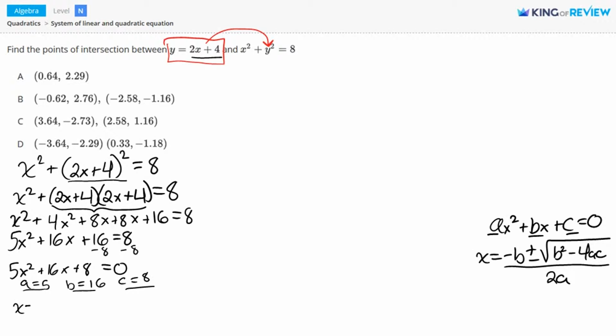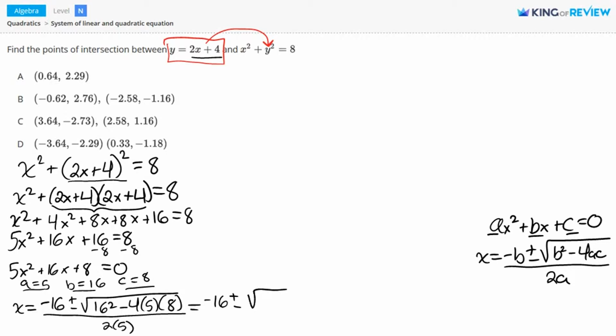I get x equals negative 16 plus or minus the square root of 16 squared minus 4 times 5 times 8, and this is all divided by 2 times 5. When you simplify, you get negative 16 plus or minus the square root of 96, and this is divided by 10.